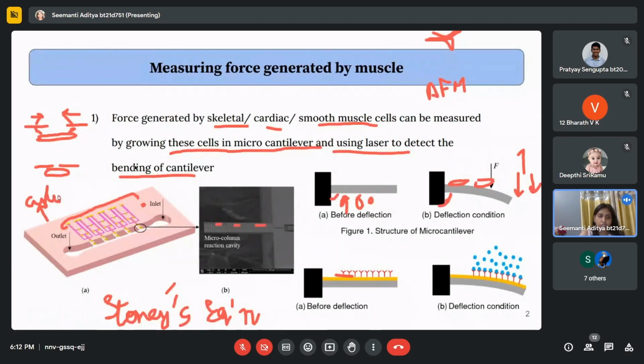So this is the cytophobic surface, and it is not going to allow the growth of any cells on the other surfaces. Whereas on the cantilevers, they will coat it with cell growth promoting factors.